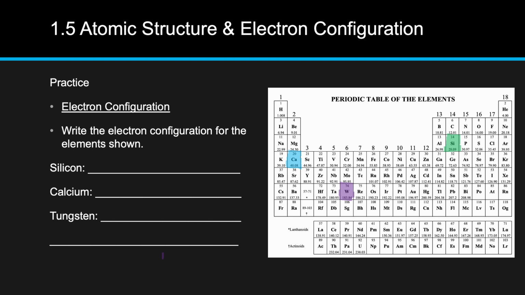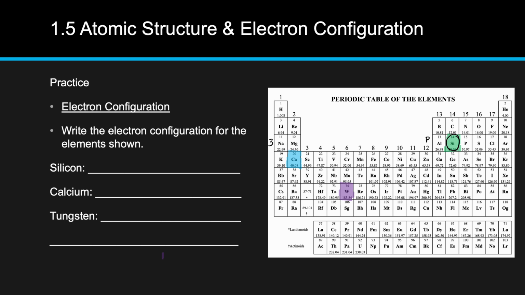All right, so let's go ahead and review writing out electron configuration for elements. The first one is silicon. We know it is in period 3, and we are ending in 3p, and it is the second one, so we will be ending in 3p2. Because of Aufbau's principle, if we are ending in 3p2, all the other sublevels that come before that are going to be filled.